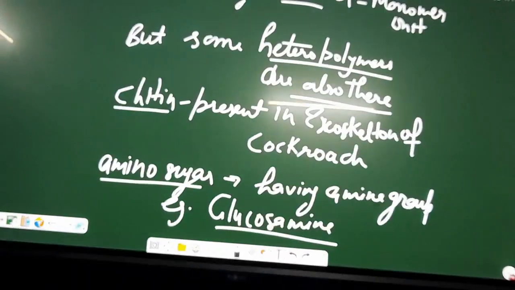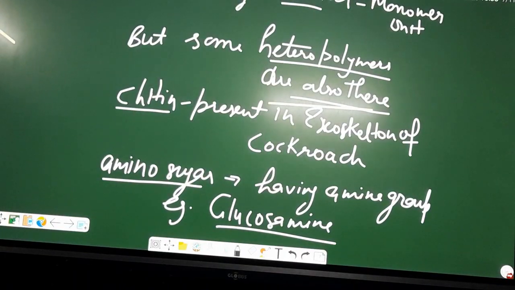So polysaccharides can be homopolymers as well as heteropolymers, if other functional groups are present, like the amino group in glucosamine, and another example, N-acetyl galactosamine. So this is the polysaccharide structure.